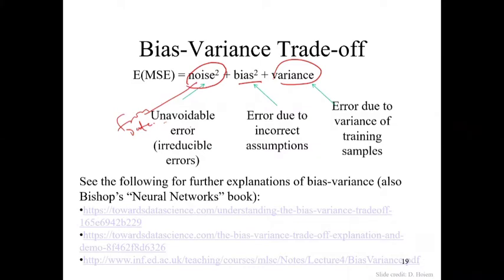Otherwise, it's going to be there. That's why they often call it unavoidable error. However, bias errors are due to incorrect assumptions. You assume that the data is too simple, but meanwhile the data is complicated, so you didn't go with the right algorithm. It's dangerous. Then you have variance, an error due to the variance of training samples.